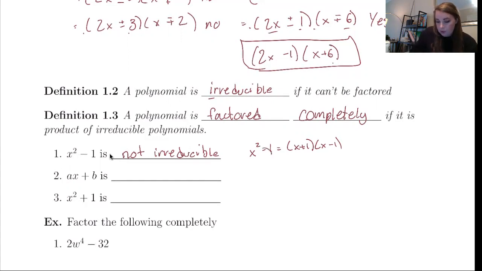But if I set this equal to 0 and solve and I get a real number, that's a pretty good indication that it is factorable, because we talked about factoring being very useful when we're finding roots. So like x squared minus 1 equals 0. x squared equals 1. And then I know that x can be 1 and -1.